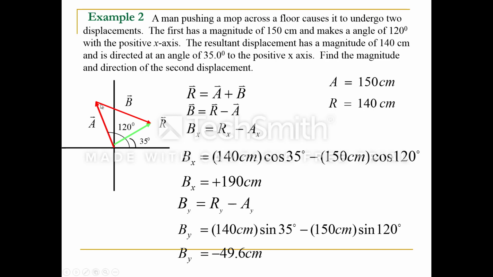As you draw this, this arrow is angled down and to the right. To the right is east, so your x component's positive. It's going down, so that means your y component has to be negative. So those are going to be my x and my y components for that vector.